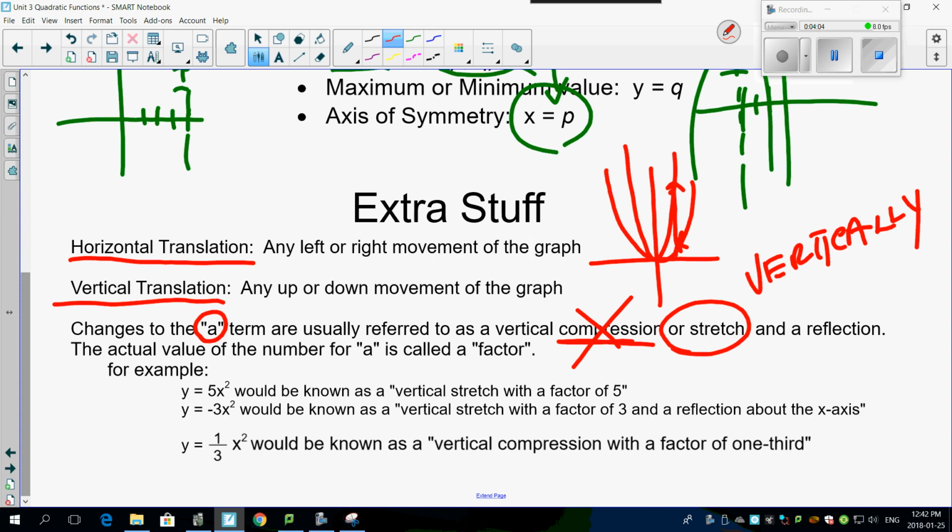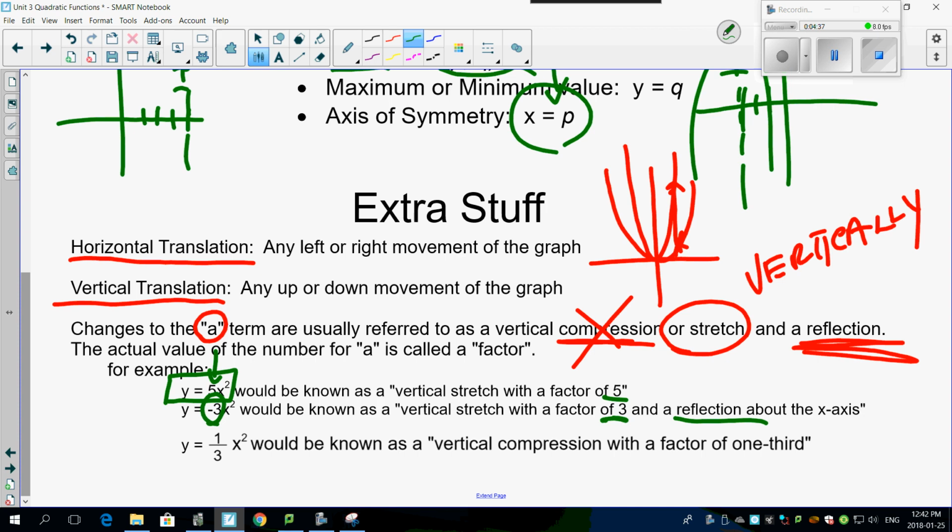And if we had a negative, we'd call it a reflection. So, for example, if my equation is y equals 5x squared, we know that 5 means something. That 5 becomes a vertical stretch factor. And we actually refer to it as a vertical stretch factor of 5. So look at this. The negative 3 would mean we have a vertical stretch factor of 3, but then a reflection.